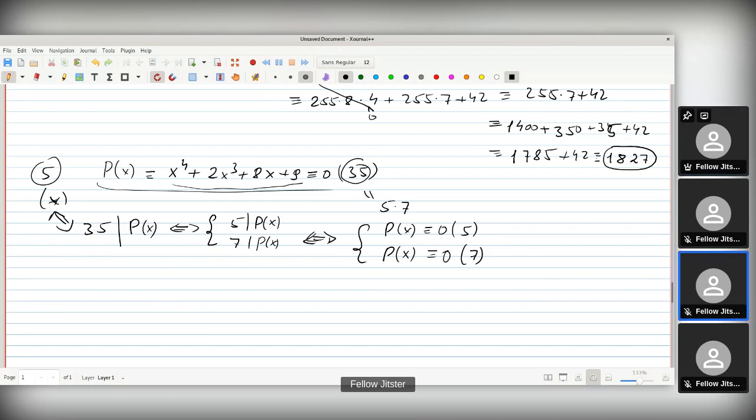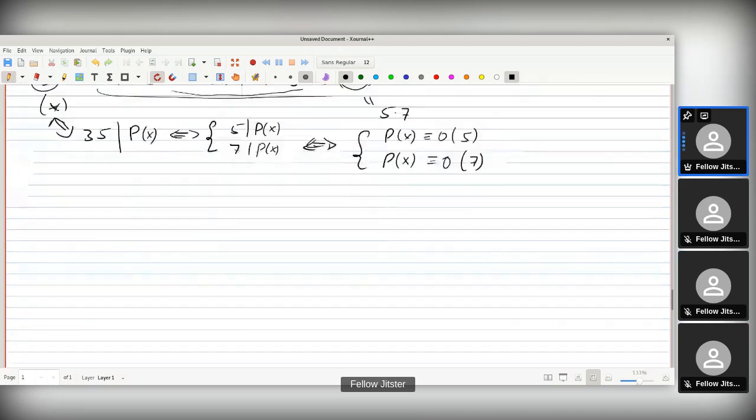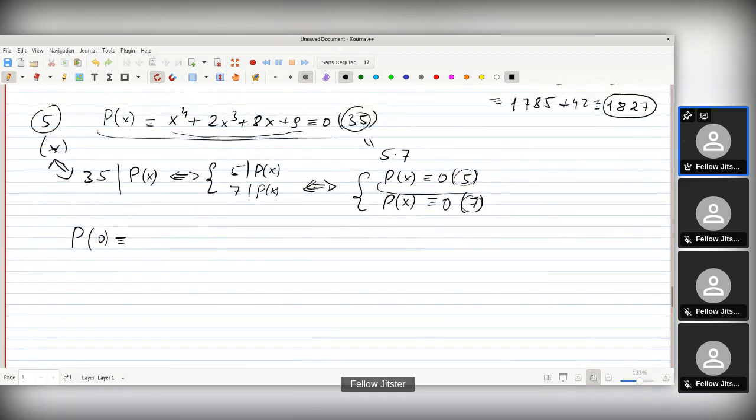Yes. And now let us try solving each one. Here we have much fewer remainders to check. Okay, modulo 5. Let us reproduce our polynomial. What is P of 0? 9. And modulo 5? 4.